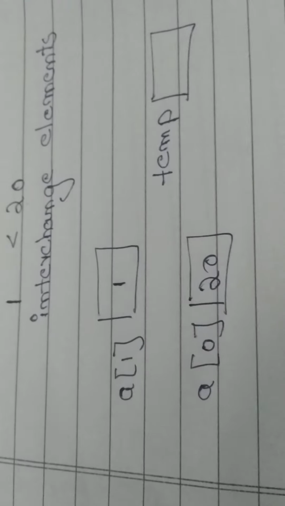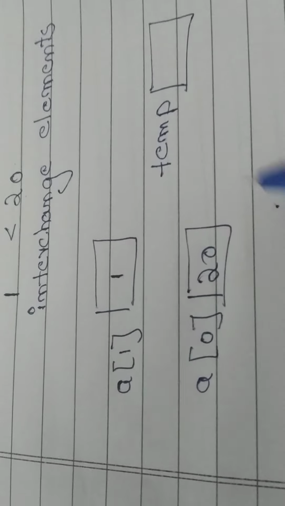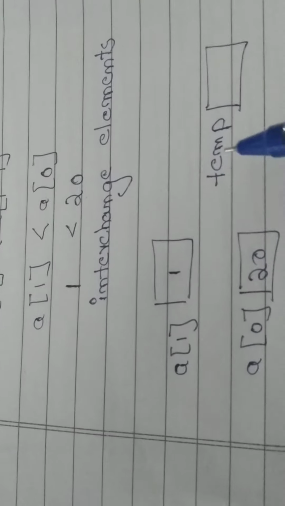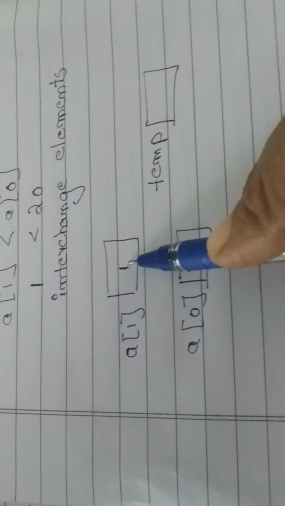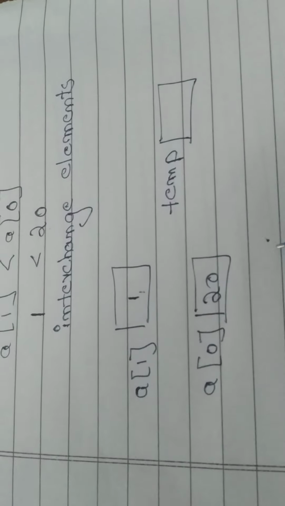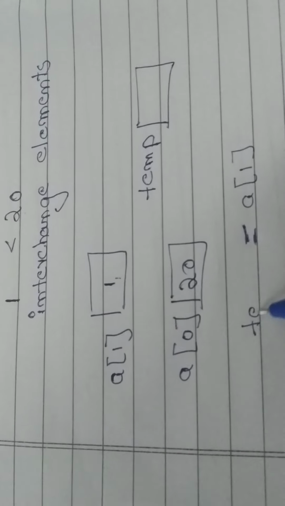Okay. So what are we doing? Interchanging. How do we interchange the values? We already studied how to interchange the values. Whatever is in A of 1, we will shift to temp.